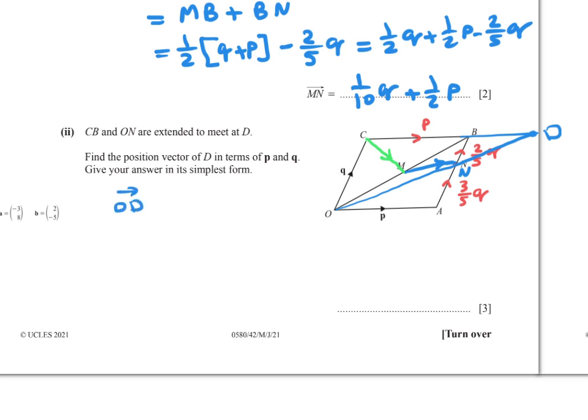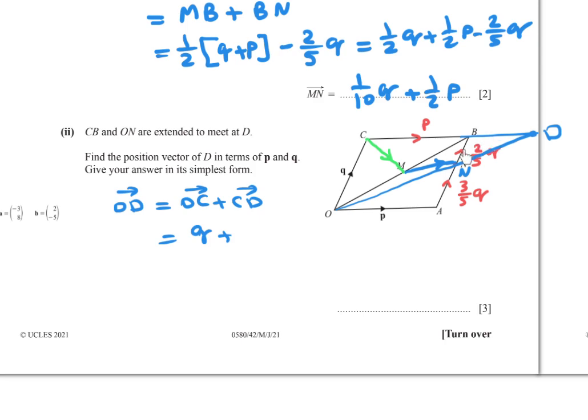OD equals OC plus CD. OC equals Q. What about CD? How to find CD?